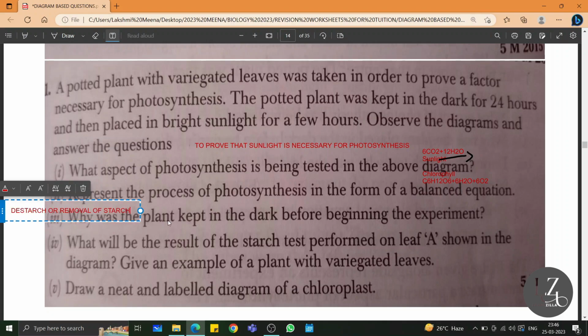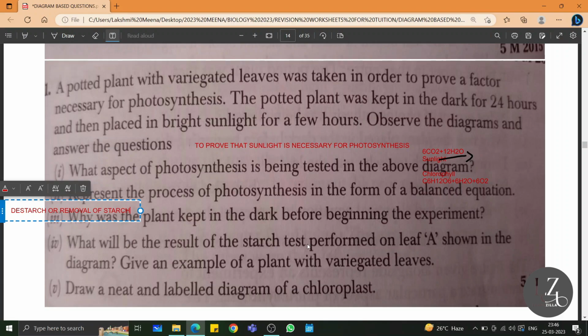De-starch or removal of starch is done by placing in dark. When you place a potted plant in dark, why are you placing it in dark? To remove the starch, because in the absence of sunlight, whatever available starch will be used by the plant. That is how it is being removed.